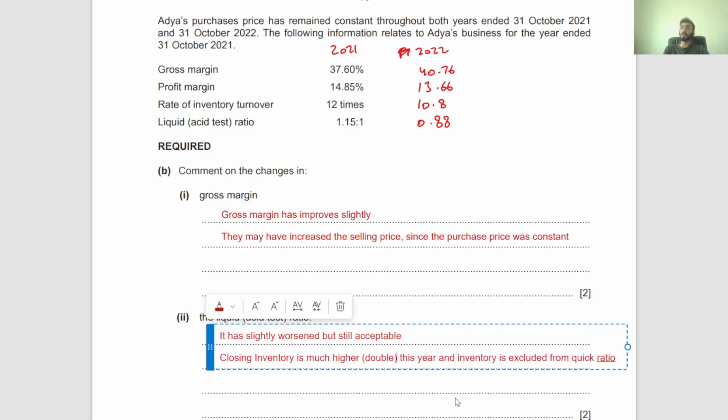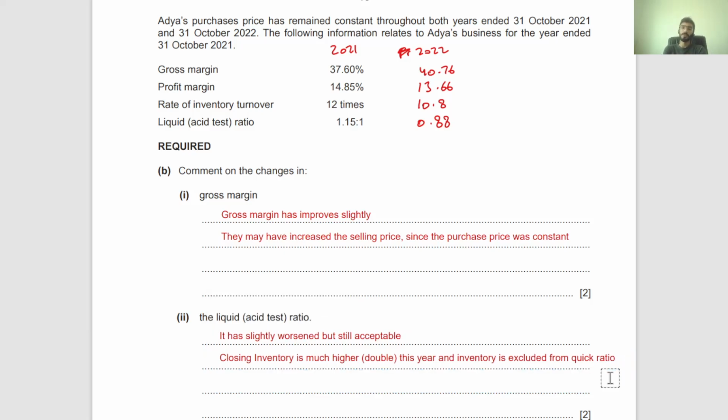And that's why quick ratio has fallen, not necessarily due to bad performance. That's two good points. Of course, there will be more points you can come up with. Go ahead and note them down. Okay, let's just move on.